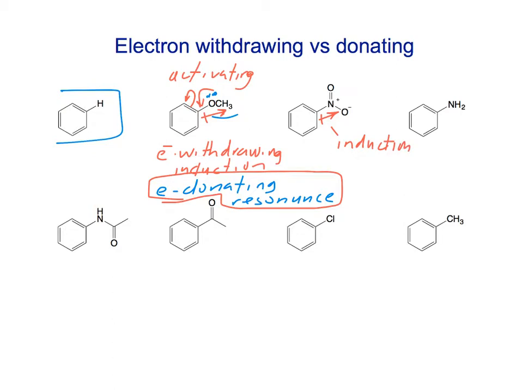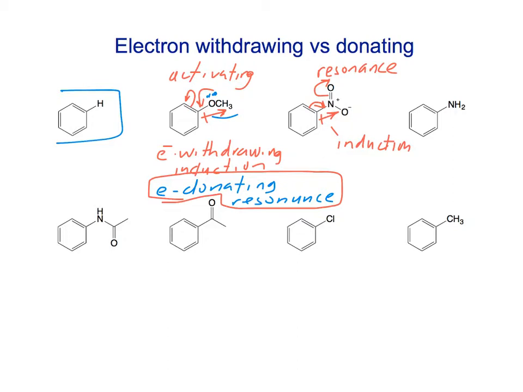Can the nitro group participate in resonance? Yes, right? These electrons could go up on the oxygen, and that's going to pull electrons from the benzene ring. Okay, and so this part of it is resonance. All right, notice that both of these effects now are working together, right?